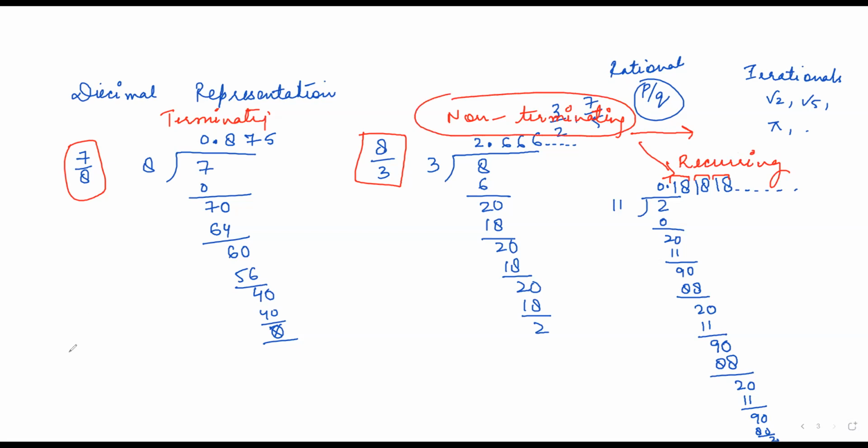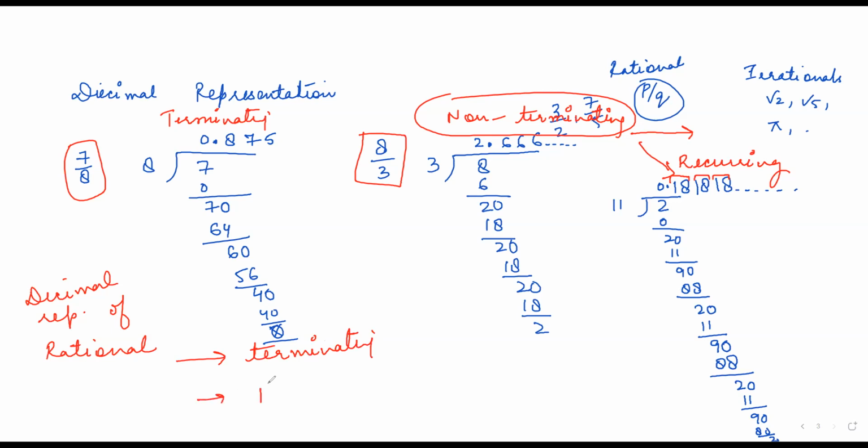So that means the decimal representation of a rational number is either terminating or it is non-terminating and recurring. Is that okay?